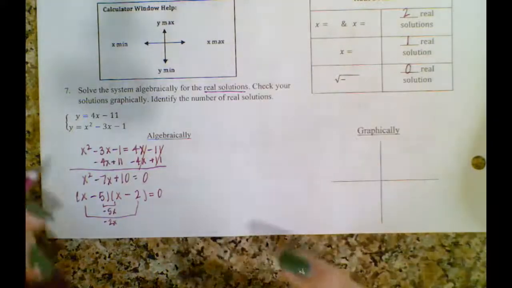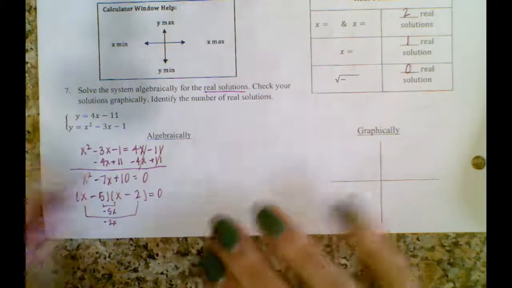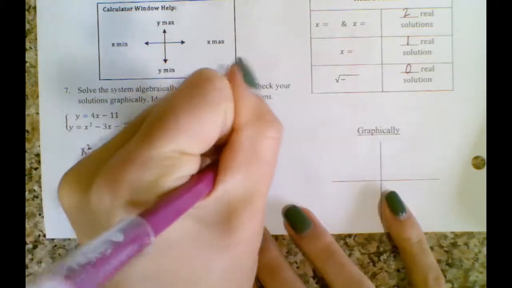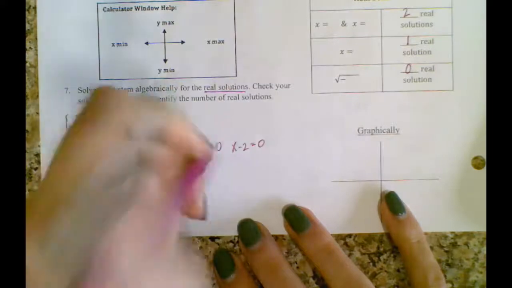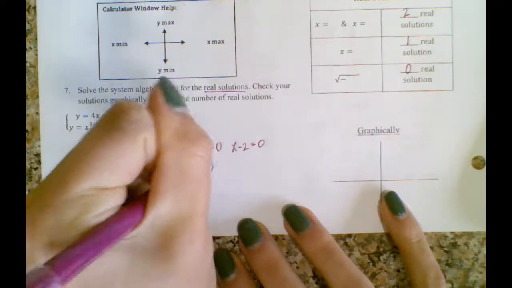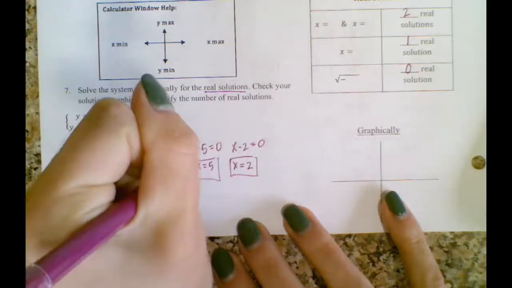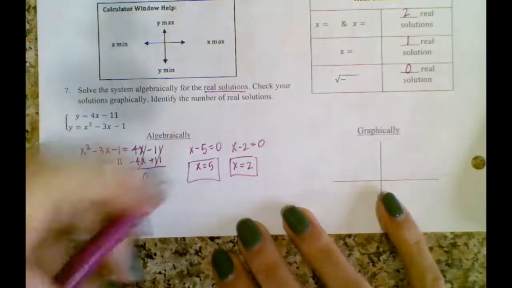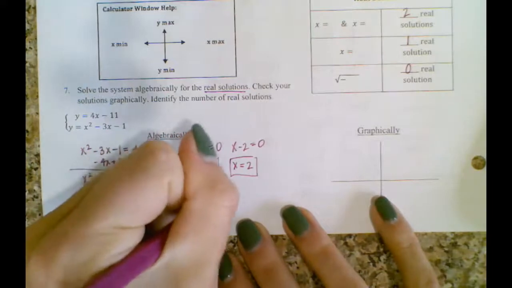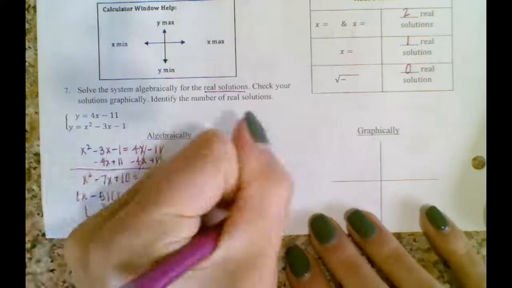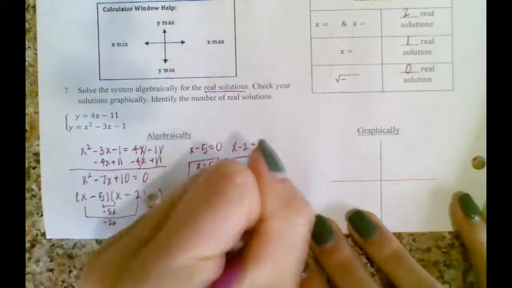Now, to solve for x, I'm going to set each of these factors equal to 0 and solve for x. So x equals 5 and x equals 2, because you have to add 5 and then add 2. So here I have 2 real solutions because I ended up with 2 x values. You need to have all that.